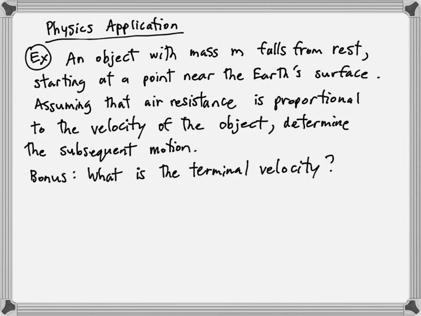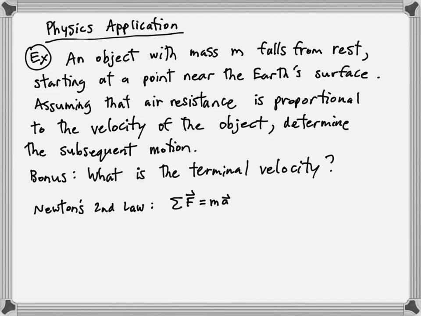Okay, so in order to answer this question, we do have to remember some things about physics. First, we have Newton's second law of motion. Newton's second law says that the sum of all the forces that are acting on an object, let me write it in vector form, the sum of all the force vectors is equal to an object's mass times its acceleration vector.